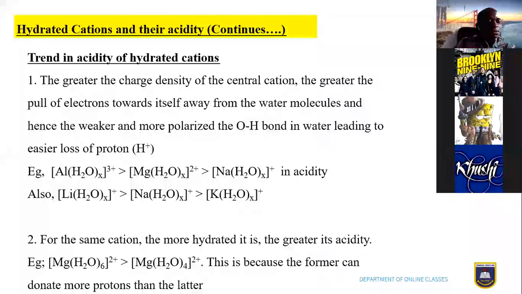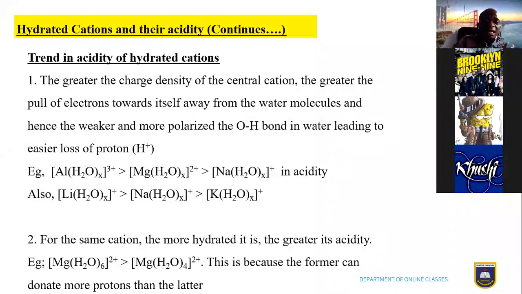The increasing order: calcium into bracket H2O subscript 4, 2+, greater than Mg magnesium H2O. No, hold on. If you use a greater than sign, then you cannot be arranging in increasing order.